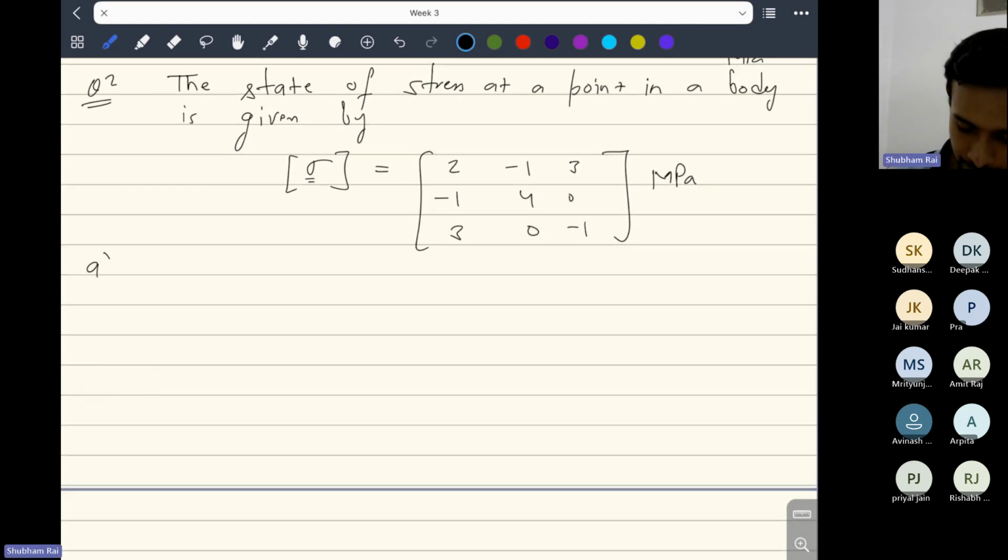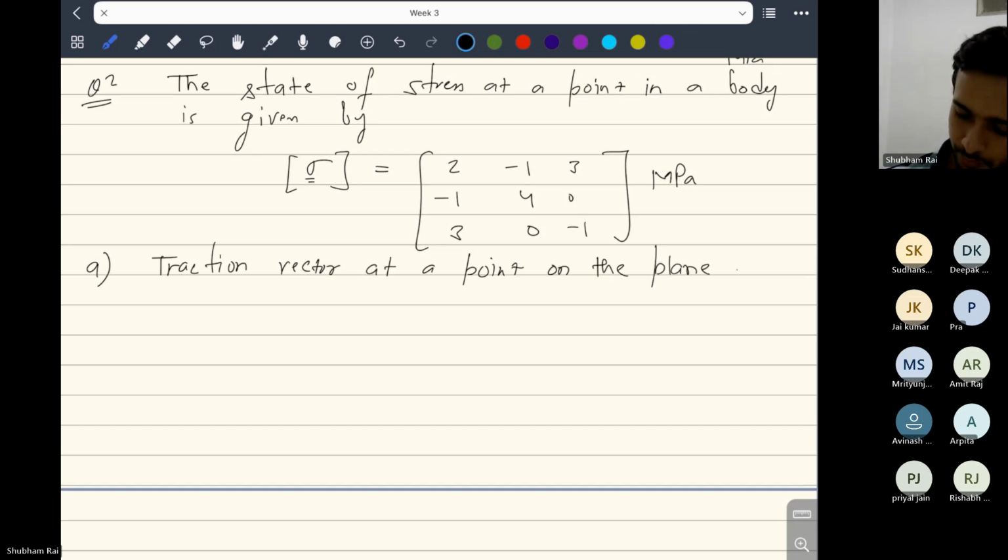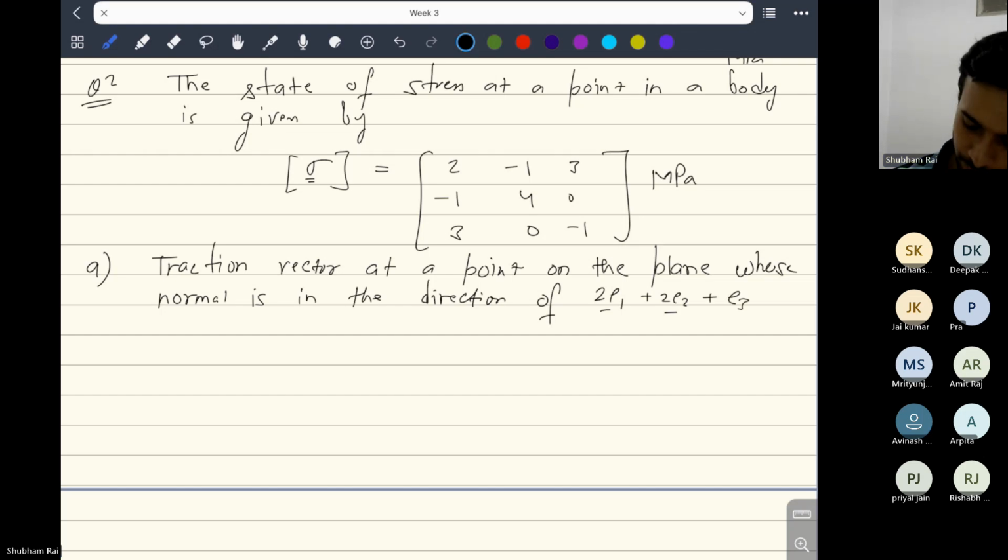So this is the state of stress that is given to you. Now you have to find traction vector at a point on the plane whose normal is in the direction of 2E1 plus 2E2 plus E3.